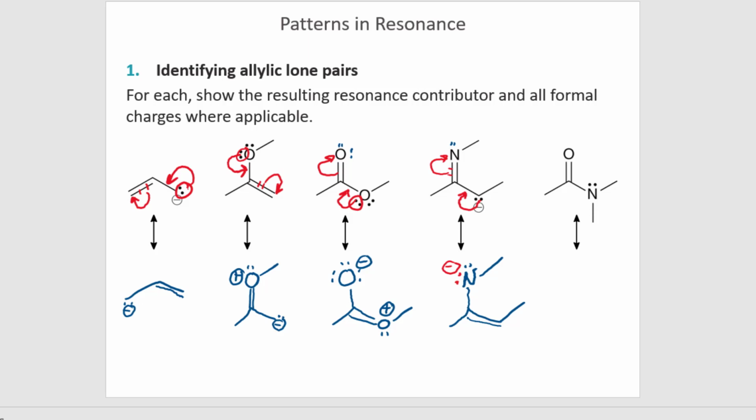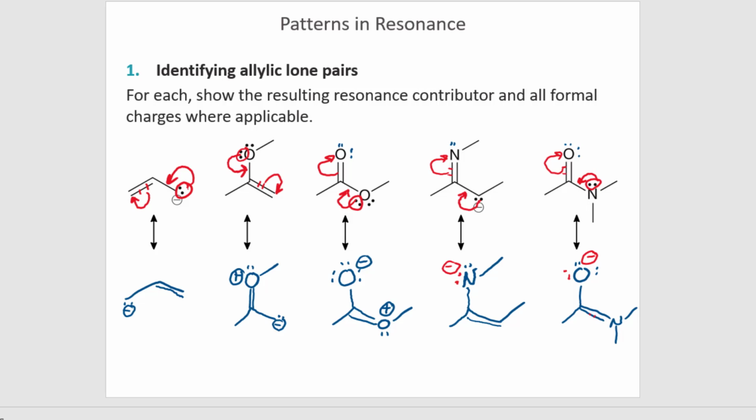Last one, take that lone pair, dump it in to make a pi bond, break the pi bond, and dump that up into the oxygen. Again, the oxygen did start with 2 lone pairs. The oxygen ends with an extra lone pair, giving it a negative charge.